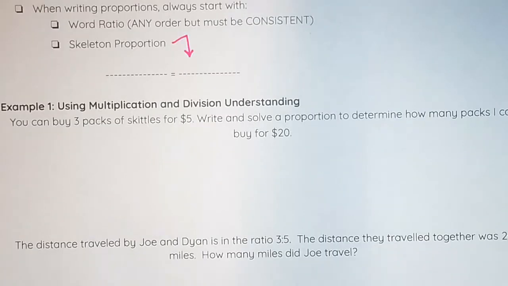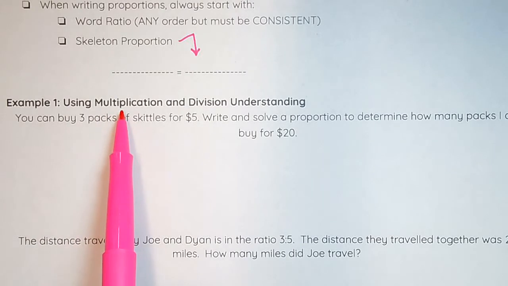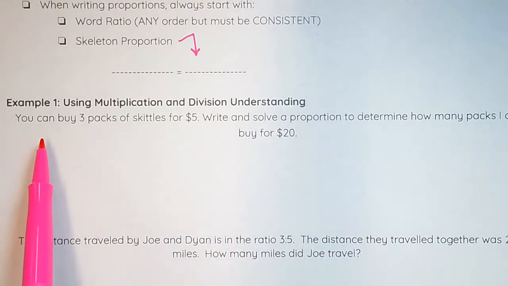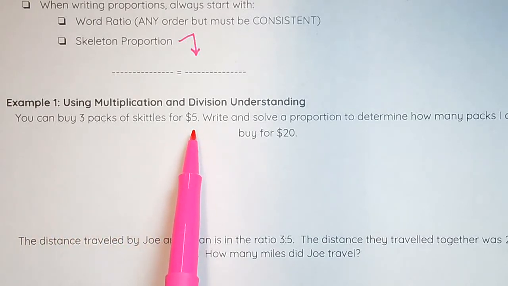Okay, so let's go down to our first example. We are going to do this in two different ways, actually. The first way, we are just using our mental math knowledge of multiplication and division. It says you can buy 3 packs of Skittles for $5.